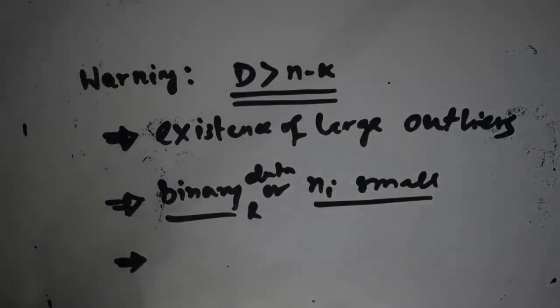So D greater than n minus k can also be the result of missing covariates and or interaction terms, negligence of nonlinear effects, wrong link function, existence of large outliers, binary data or ni small. These are the reasons for which D can be greater than n minus k.